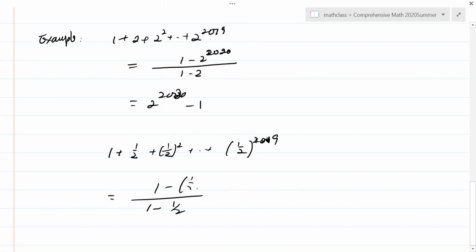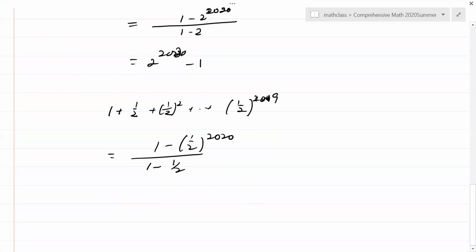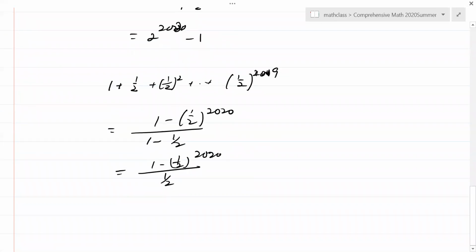This is 1/2 to the 2020. So I'm going to have to simplify. The denominator is 1/2. So it will be 2 times 1 minus 1/2 to the 2020. Right, so that's what we get.